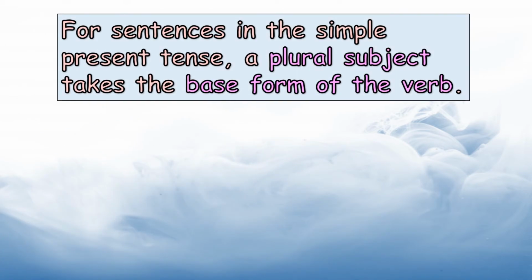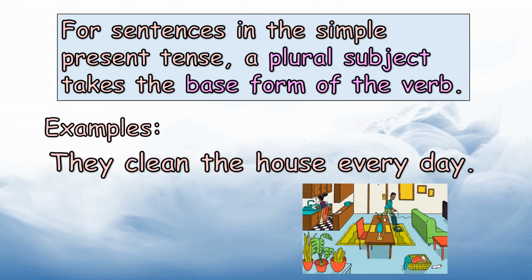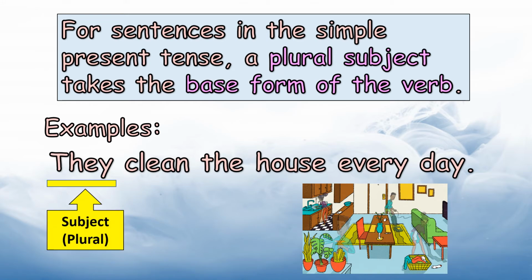Again, for sentences in simple present tense, a plural subject takes the base form of the verb. Another example: they clean the house every day. What is the subject in the sentence? They.